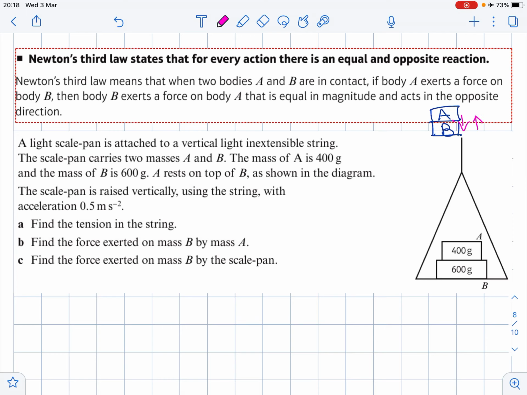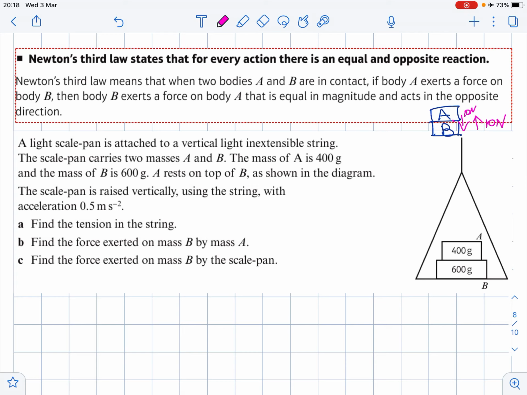So let's say the force A exerts on B is 10 newtons. Then the force B exerts on A is 10 newtons upward. So this is Newton's third law: for every action there is an equal and opposite reaction.